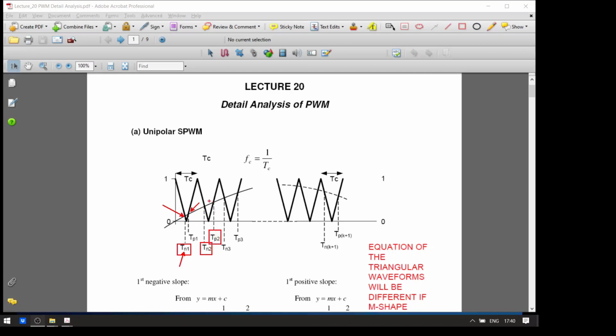Once you define that, we look into the detail of the equation.